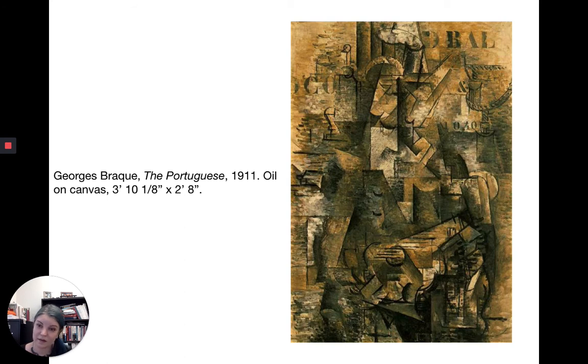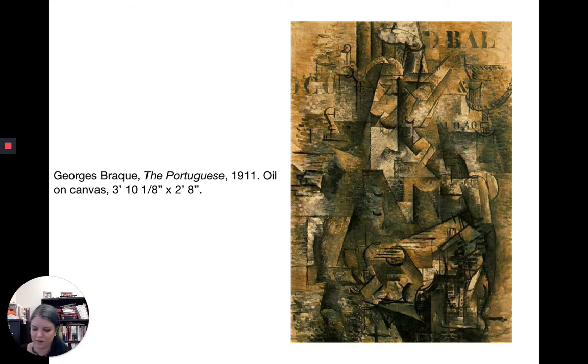He trained as a decorator and a house painter, which is also what his father did, so kind of an interior designer type profession. He got a certificate in that, and at this time was also taking night classes in his hometown in artistic painting. So he had an interest in that from a young age.